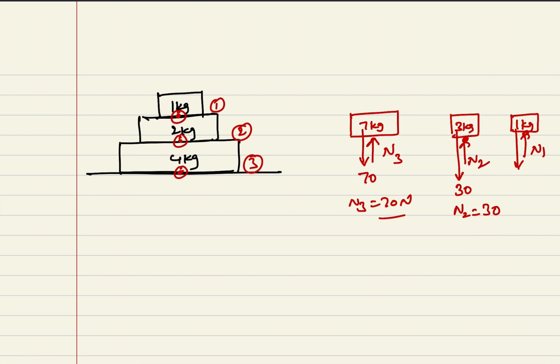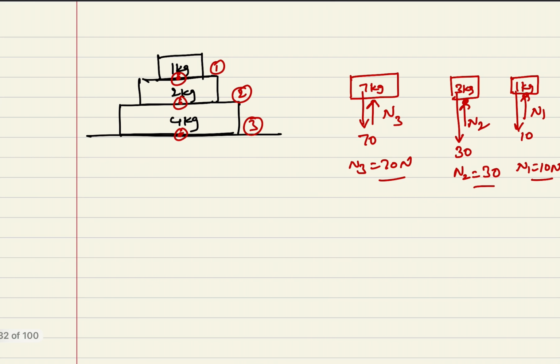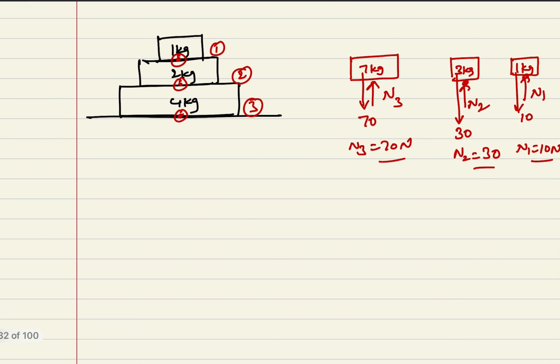Whatever contact is there between 1 kg and 2 kg is pushing only the 1 kg body weight. So N1 is equal to 10 newtons. Like this we can observe whenever the bodies are placed side by side. Now similarly, let us consider a situation like this. I am taking a condition.